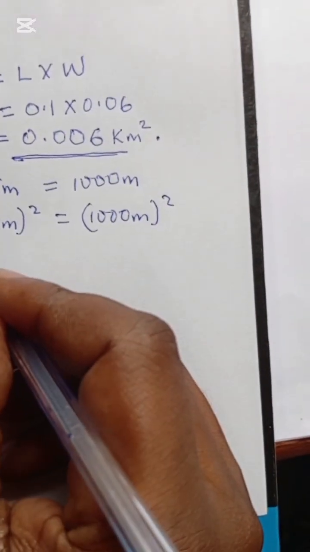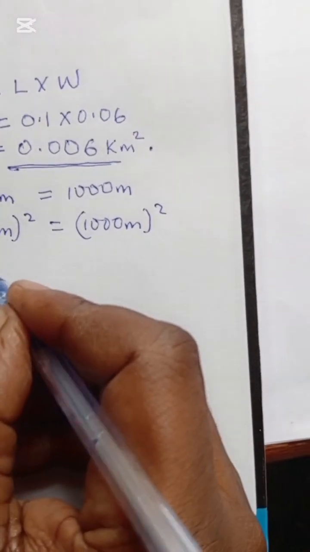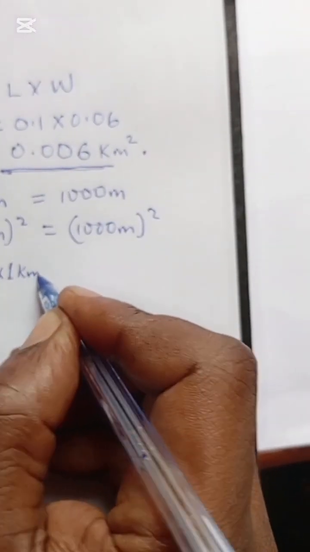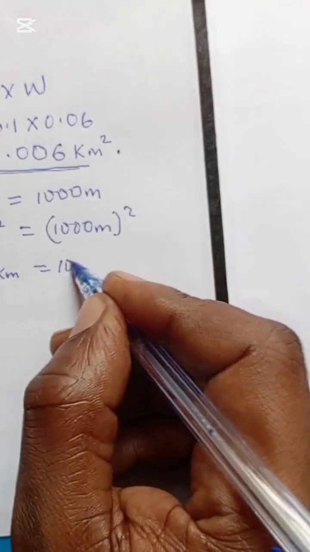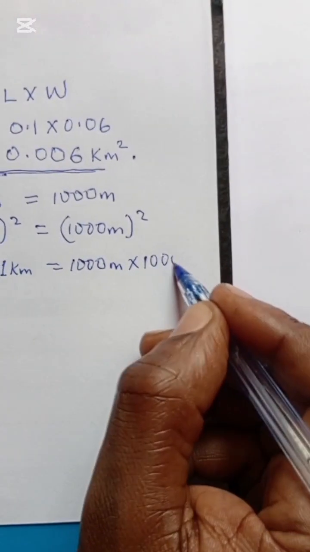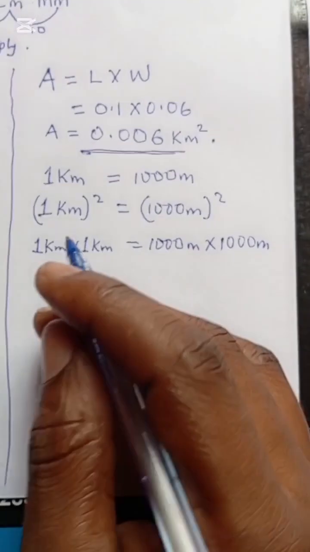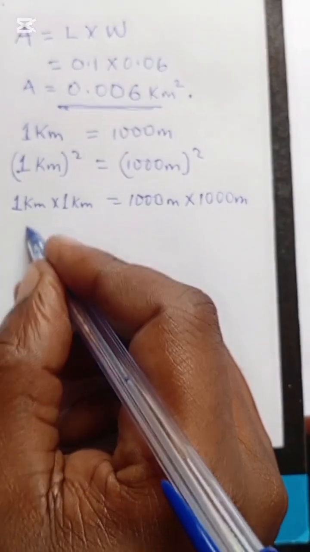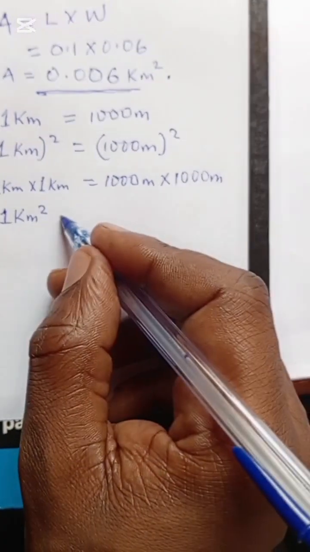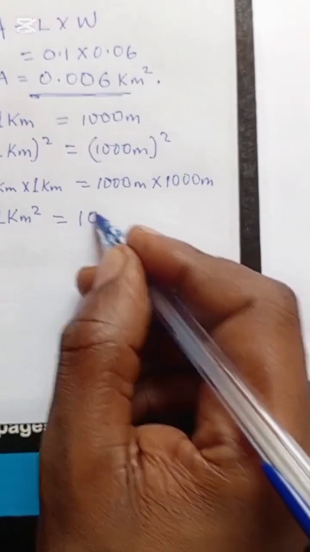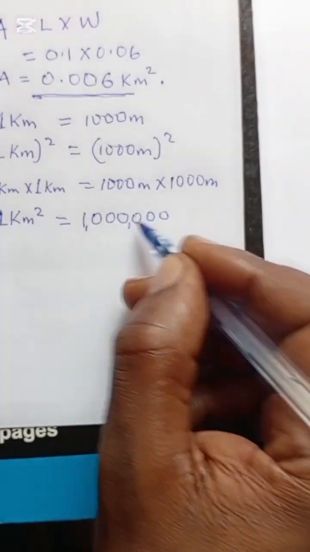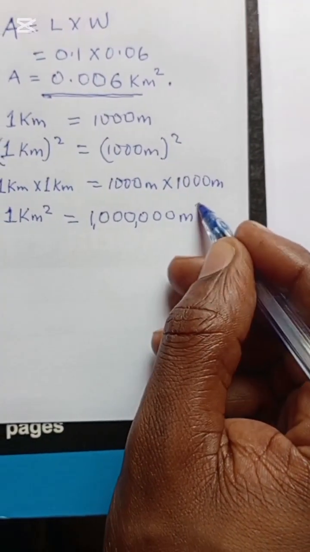Squaring this is the same as 1 kilometer times 1 kilometer. This is the same as 1,000 meters times 1,000 meters. And now I come up with the relation that 1 kilometer squared is equal to 1 million meters squared.